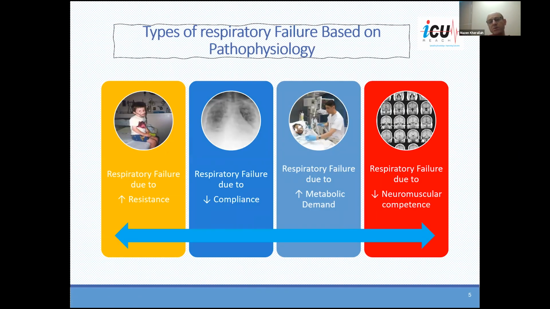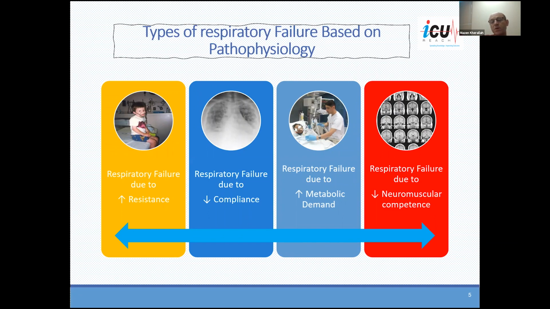So based on that, we can define 4 different types of respiratory failure. Based on the pathophysiology, we would say we have respiratory failure due to increased resistance of the airways, or respiratory failure due to decreased compliance of the lungs and the chest wall combined. Of course, they could be separate conditions, but I made them together in this category.